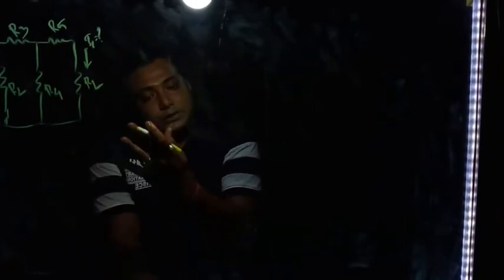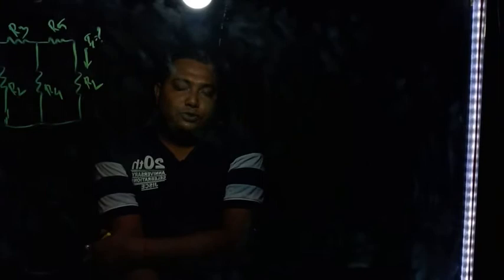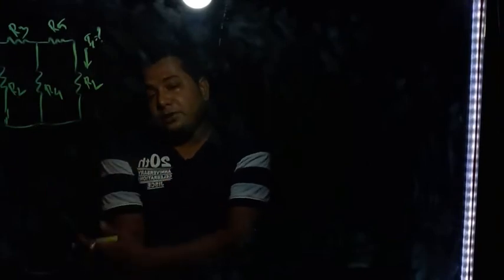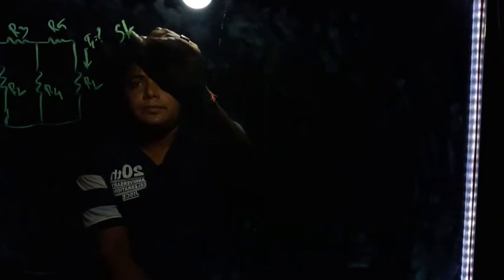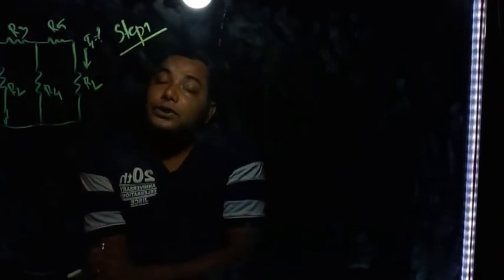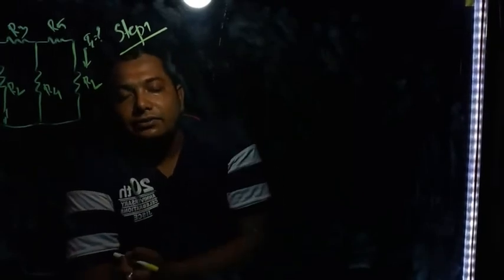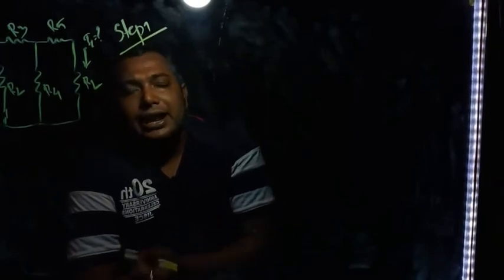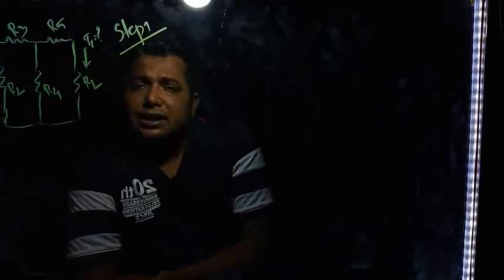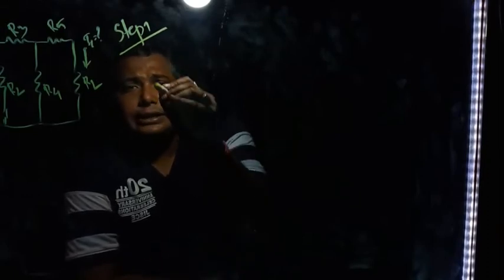So as we have discussed previously how to solve Thevenin's theorem, that procedure we are going to use over here. So step 1, what we are going to do, we are going to remove the load resistance, we will make the terminal open, and we are going to find out what is the voltage across that open terminal.